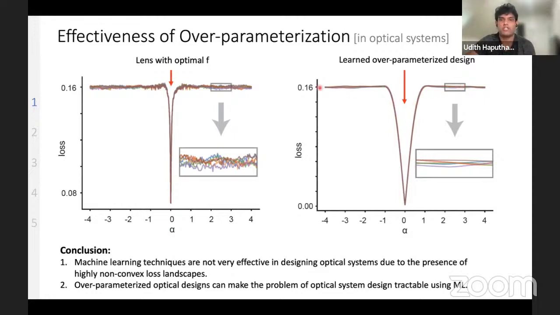So this is basically the background of the work, but now we're stepping to the actual problem of designing microscopes. We covered why we need overparameterization, and now what we want is how we can do that.